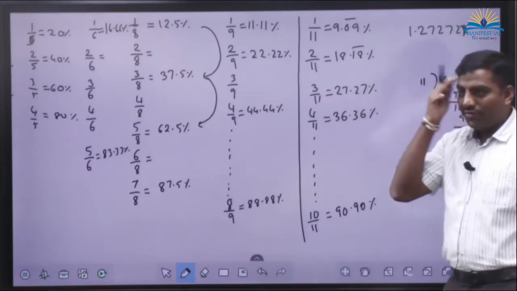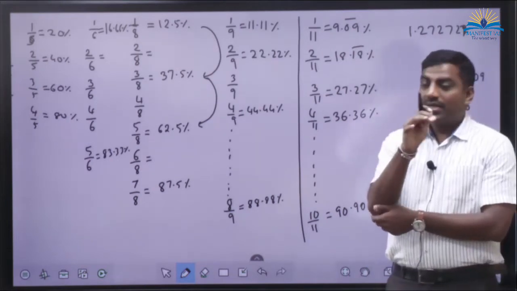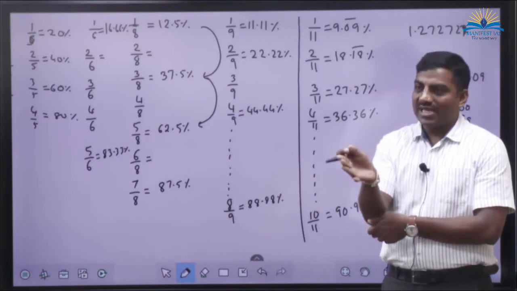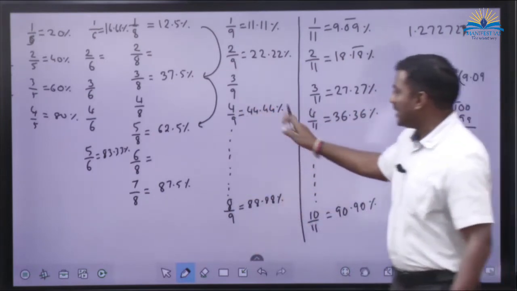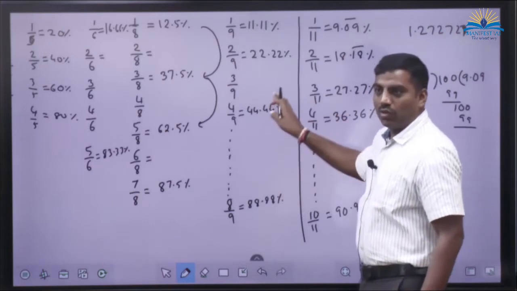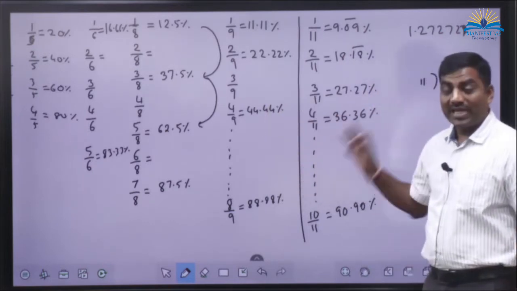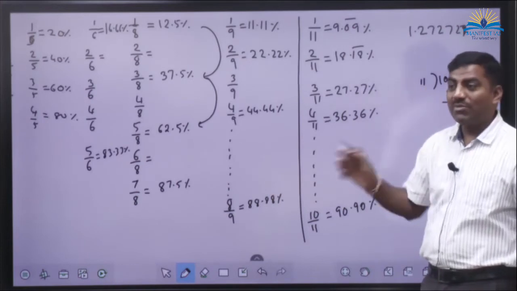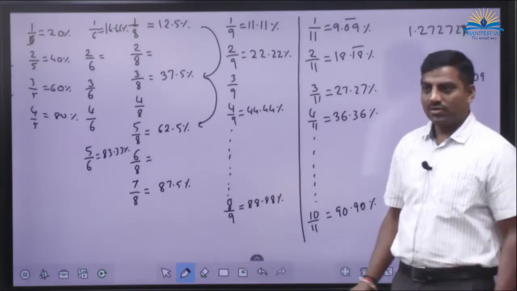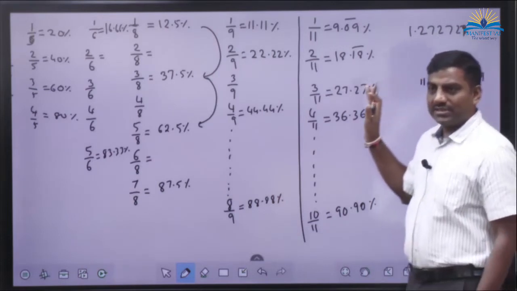At least if you get to know that the denominator is 11, you can eliminate a few of the options. If the answer is coming in this way, 1, 1, 2, 2, 3, 3, 4, 4, at least you can imagine that the divisor is 9. That way you can eliminate other options. Yes? Okay. So will you remember these things?